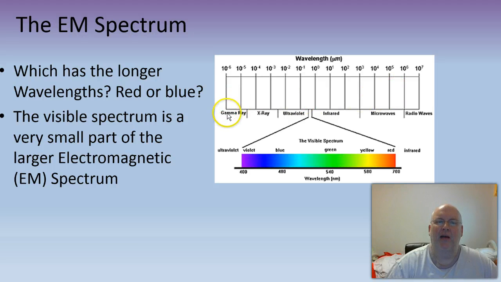I mean, from gamma rays, the stuff from nuclear reactors and nuclear weapons, all the way to the really large wavelengths measured in meters, called radio waves. Just a very tiny part of the entire amount of energy in the universe is actually visible to us. And again, you can also see the violet towards the red end.